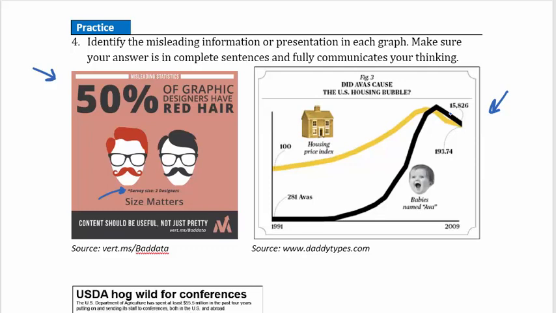So in a statistical argument, we would say correlation does not indicate causation. It's just total coincidence that the babies named Ava dropped off at the same time housing prices dropped off. And we can't claim that because people stopped naming their kids Ava, the housing prices went down.